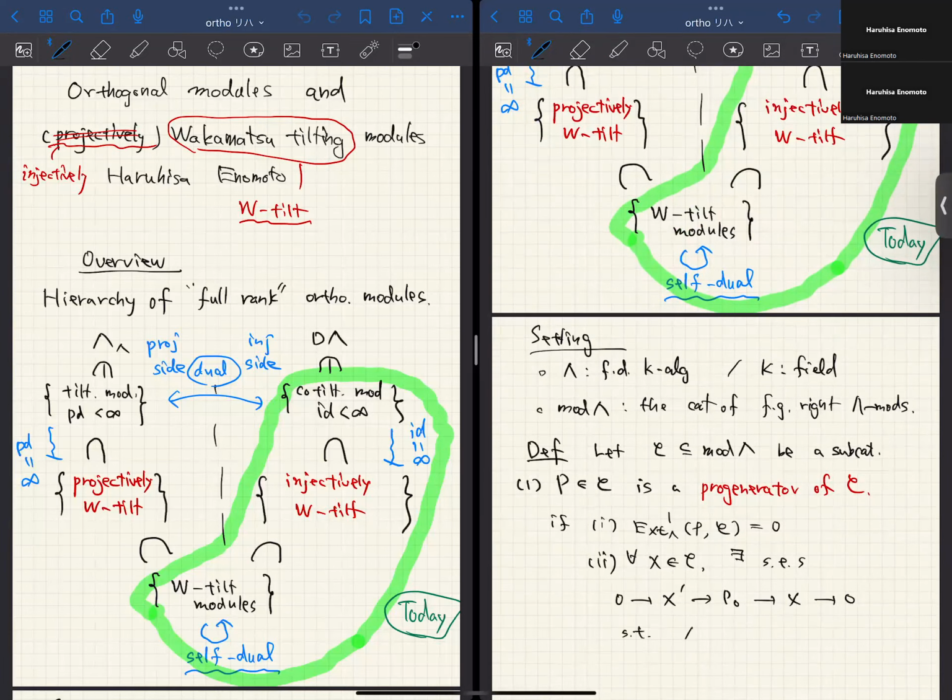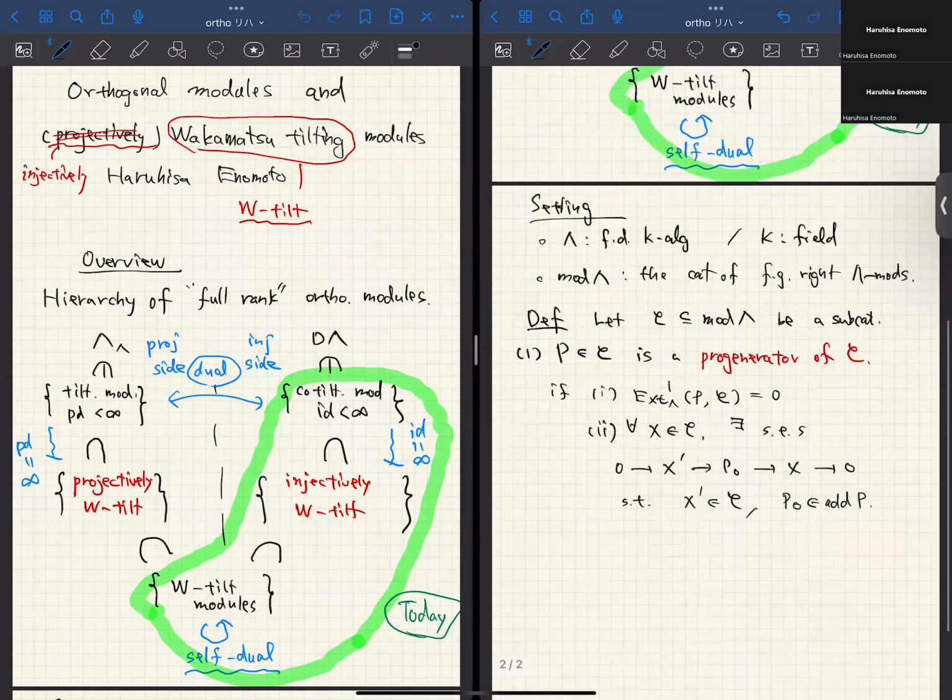We assume that this X' also belongs to C, and P0 is a finite direct sum of copies of P. So this is a relative progenerator inside a subcategory of the module category.